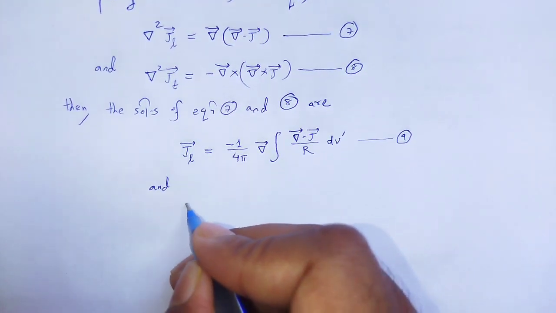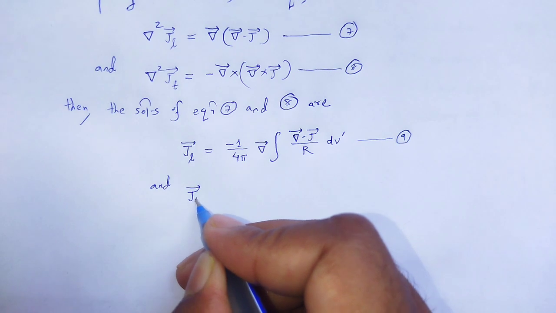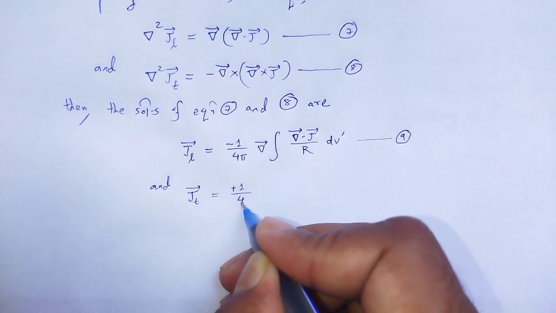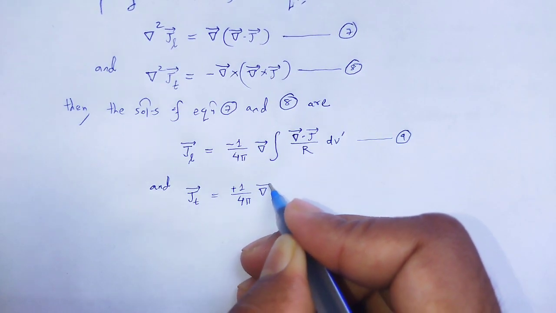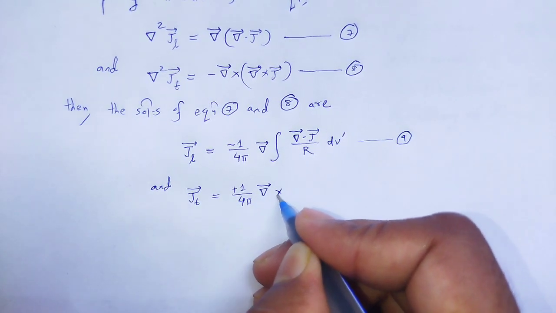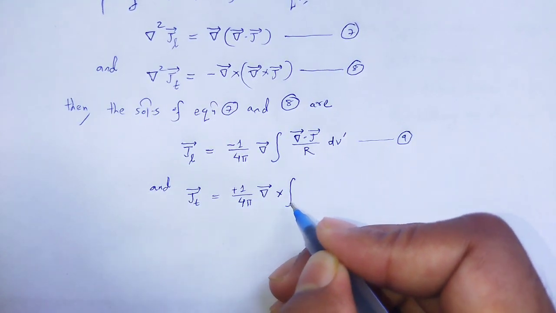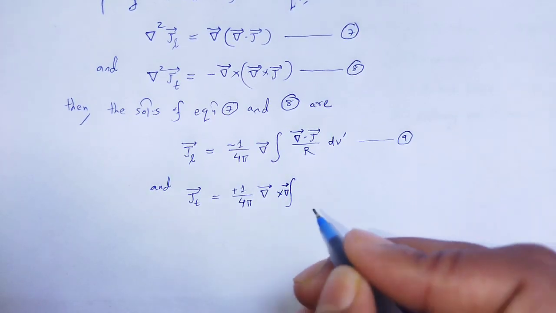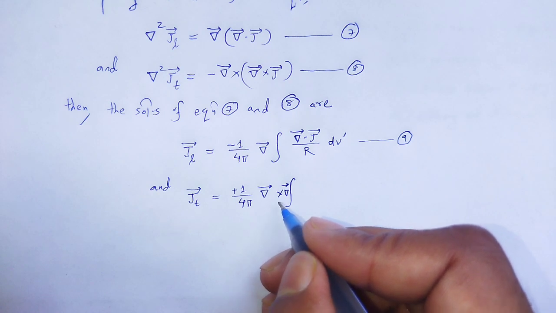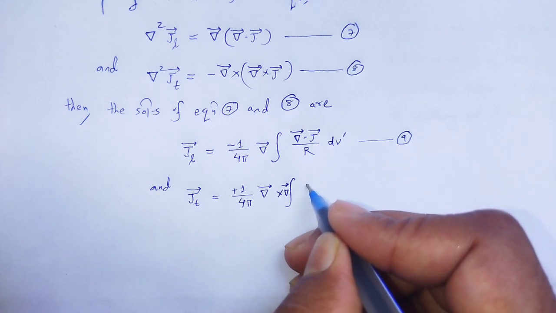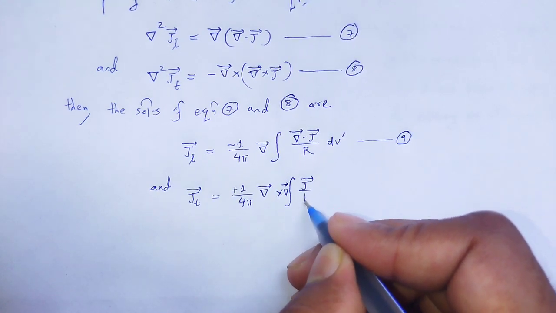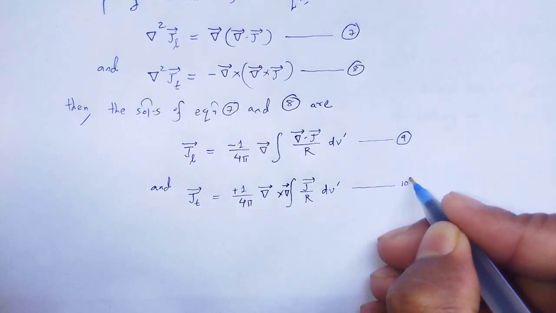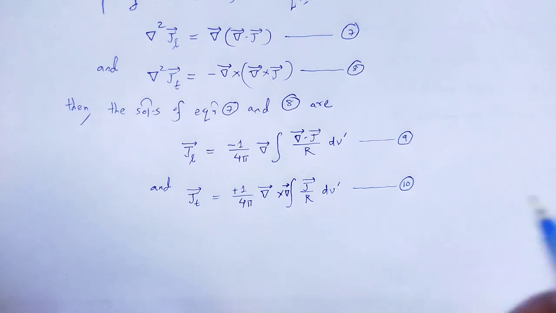And the transverse component is plus 1 by 4 pi grad cross grad cross integration over J by R dV dash, equation number 10.